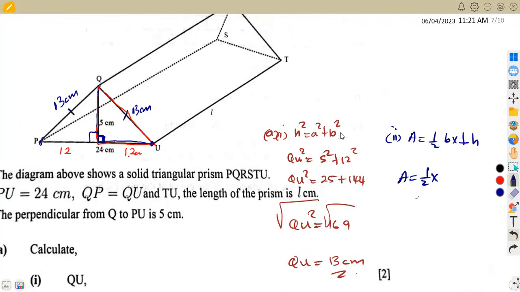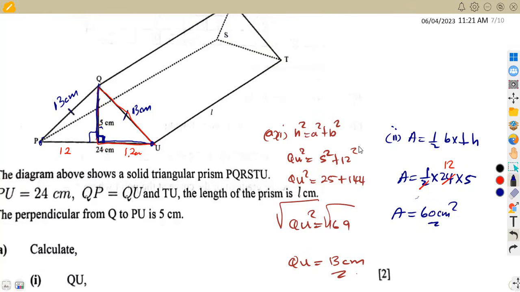So that's half of 24 times the perpendicular height of 5 centimeters. Half of 24 is 12, times 5, which is 60. You can just use your calculator directly. So your area is going to be 60 square centimeters.